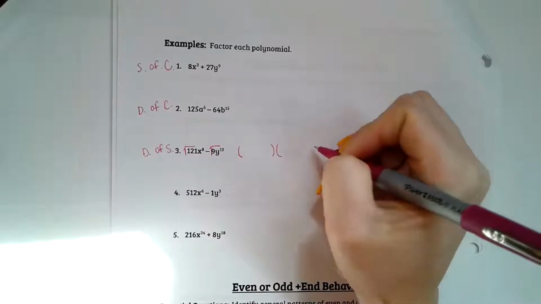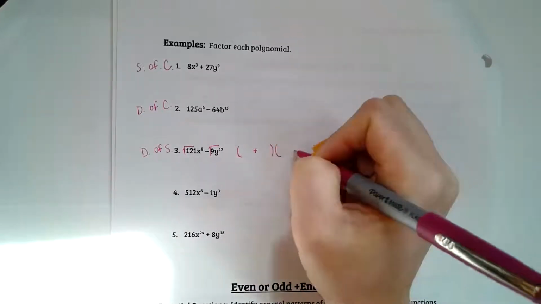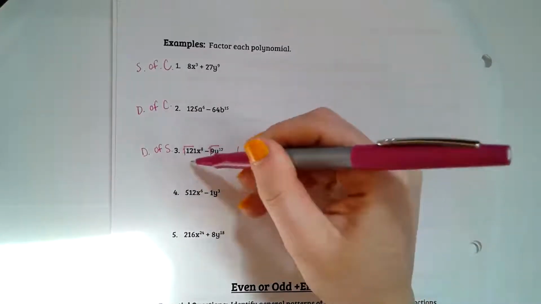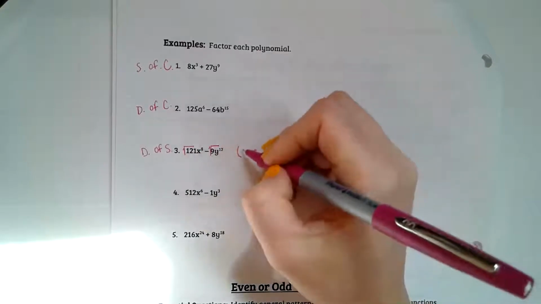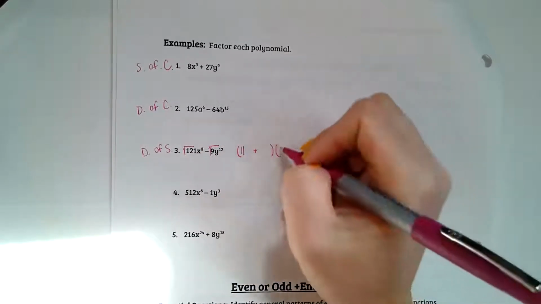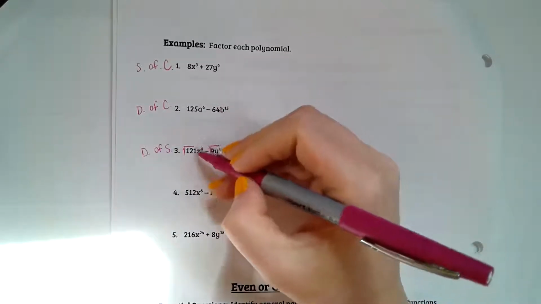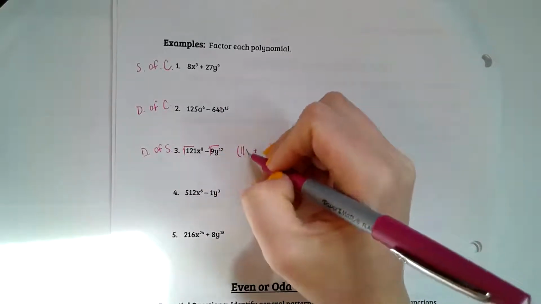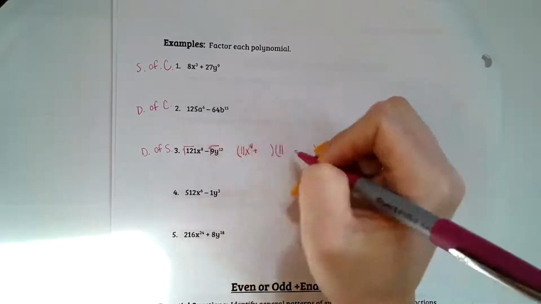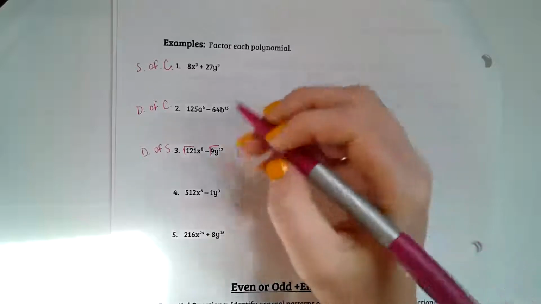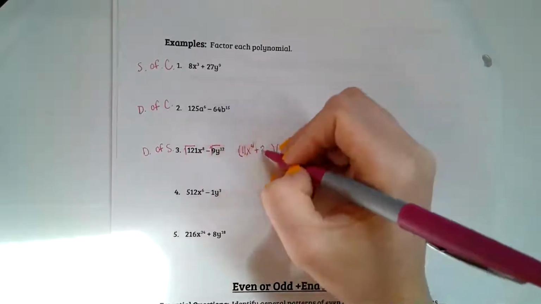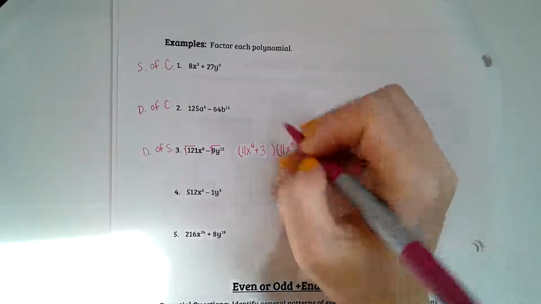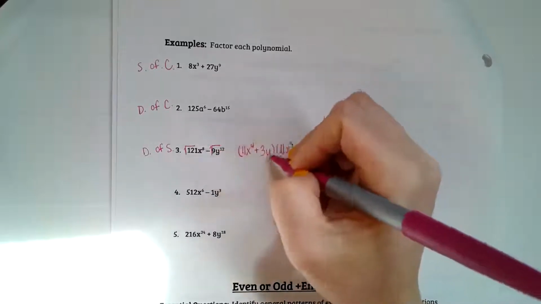So one set would be plus and one would be minus. So the square root of 121 is 11. And then you would take half of your x term, or your exponent, so x to the 4th. Then the square root of 9 is 3. Then half of your y would be 6.